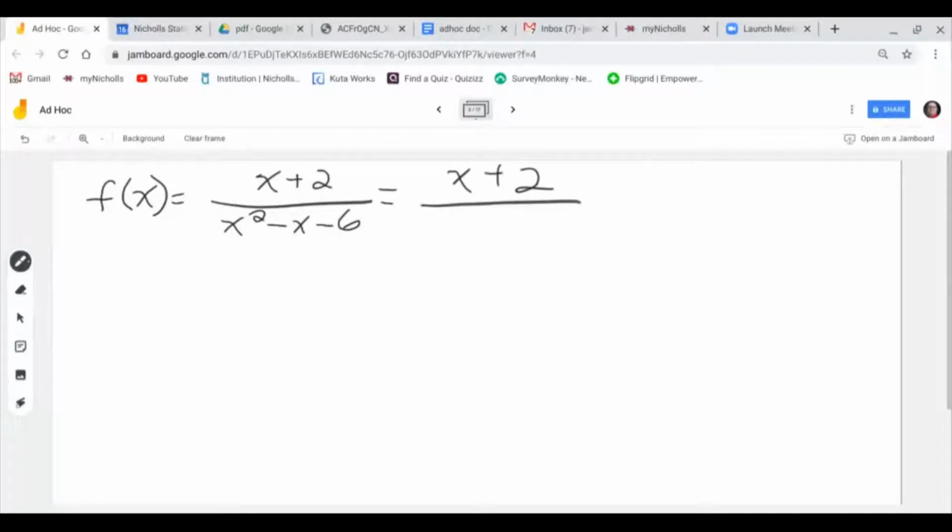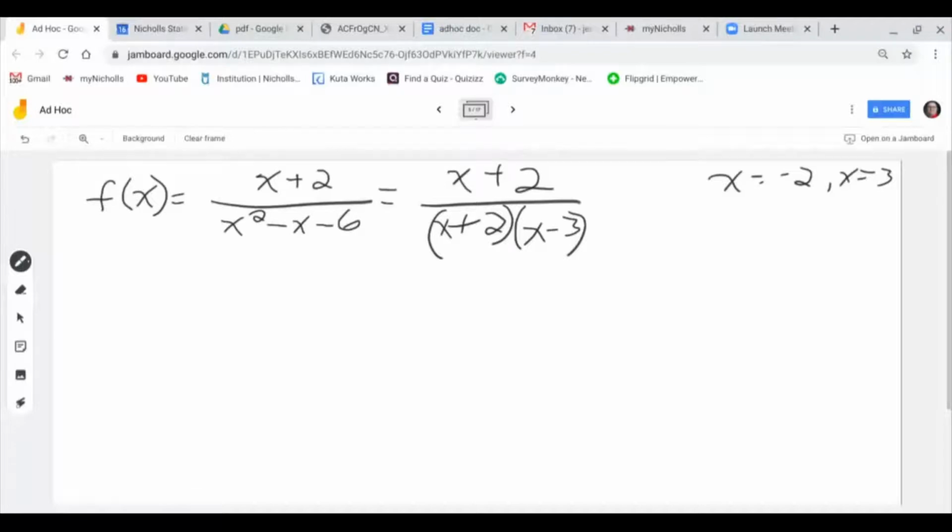So why not? If we factor this x squared minus x minus 6, that's going to be x plus 2 times x minus 3. So I'm going to have problems at x equals -2 and x equals 3. So we're going to have 2 discontinuity places here. I know that because it's not defined for -2, it's not defined for 3, because both of those will cause that denominator to be 0.